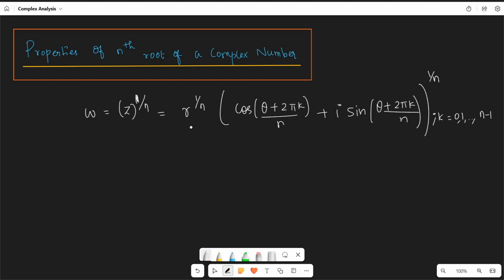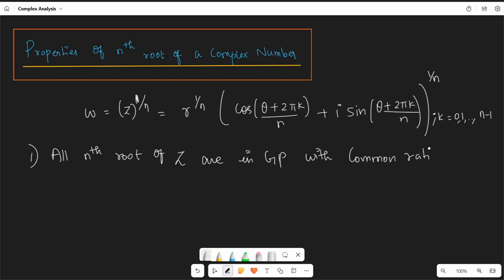Now I'll give you the properties of the nth root of a complex number. First property: all nth roots of z are in GP with common ratio e to the power 2 pi i by n.